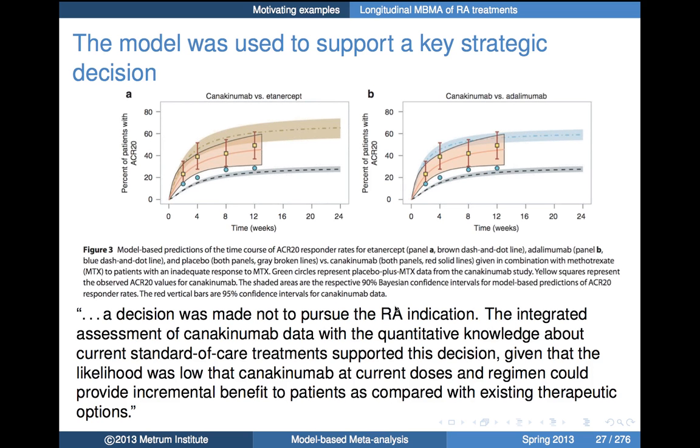And these plots now become more relevant to their decision making. These illustrate comparisons of canakinumab with two different compounds. So here we've got, I'm trying to decide where one puts the accent on etanercept. I'll just run with etanercept. Anyway, we've got canakinumab versus etanercept and canakinumab versus adalimumab.